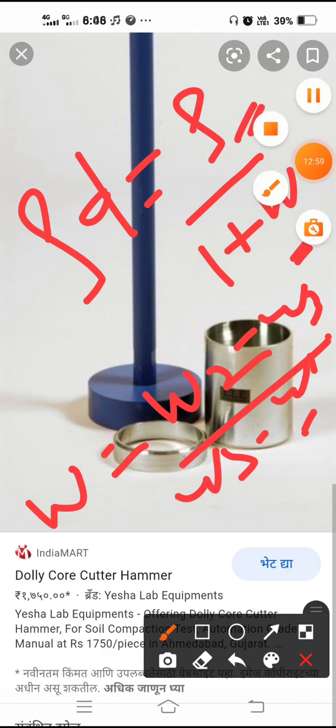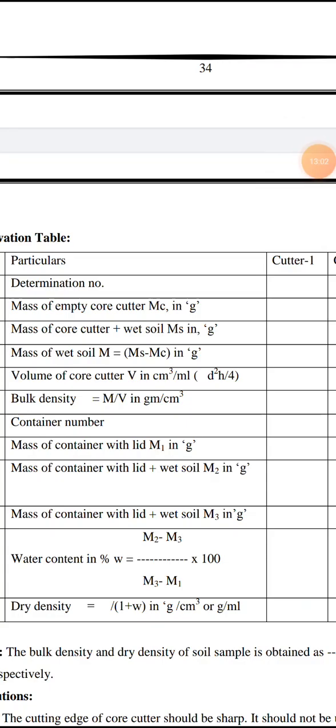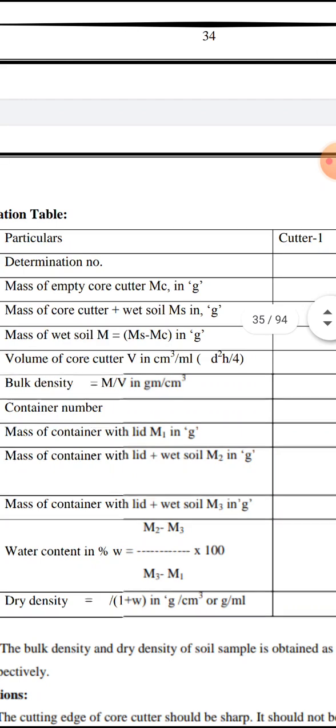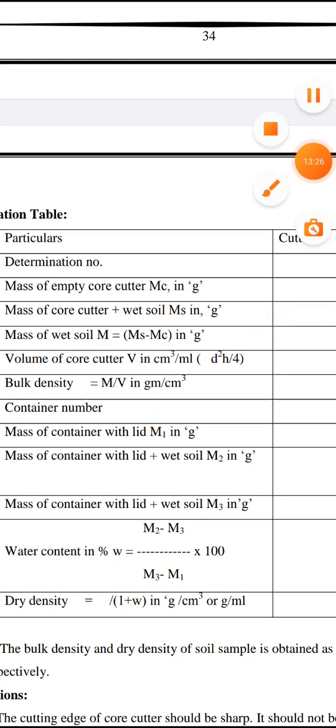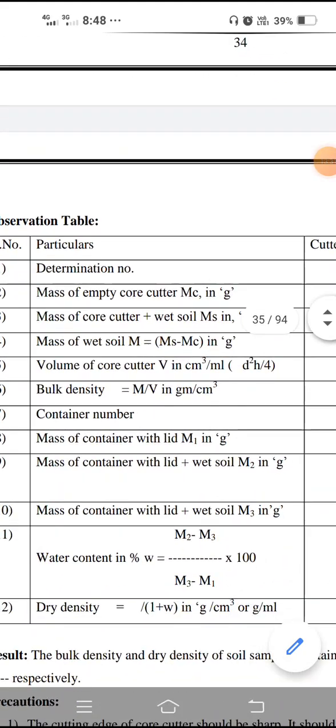Okay, for easy understanding, I will show the various observation tables that we are using. First of all, the determination number, that is how many samples we have collected, is called the determination number. Then MC, that is the mass of the empty core cutter. Here we were calling it M1.